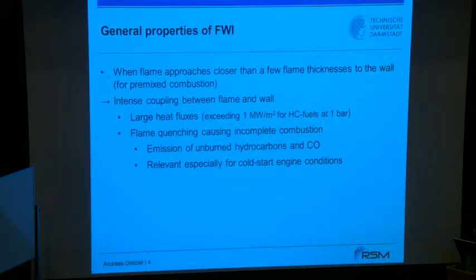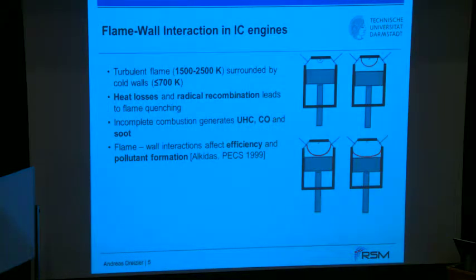So maybe you cannot avoid any wall in an IC engine, of course, but a better understanding might help for better modeling, and then in the end as well for engine concepts that may reduce that. And so that is visualized over here. The problem, you do have flame temperatures which are significantly larger than the wall temperatures in IC engines. We have seen that in the previous chapters.